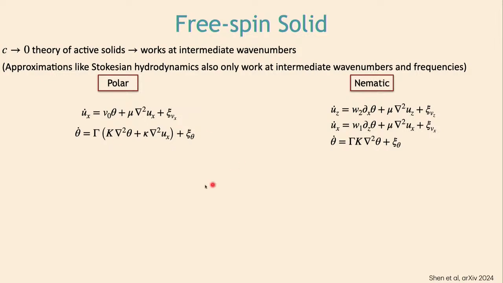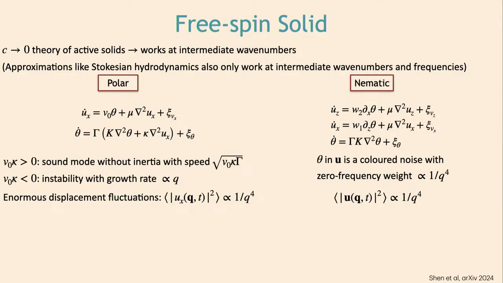And the thing in nematics is similar but not the same. I'm not going to talk about it. Okay? So it gives you a sound wave. Then you can basically immediately calculate that the displacement fluctuations are huge, enormous. Which means that basically if this were true at large enough scales, the tissue would be destroyed. Okay? There could not be a solid.